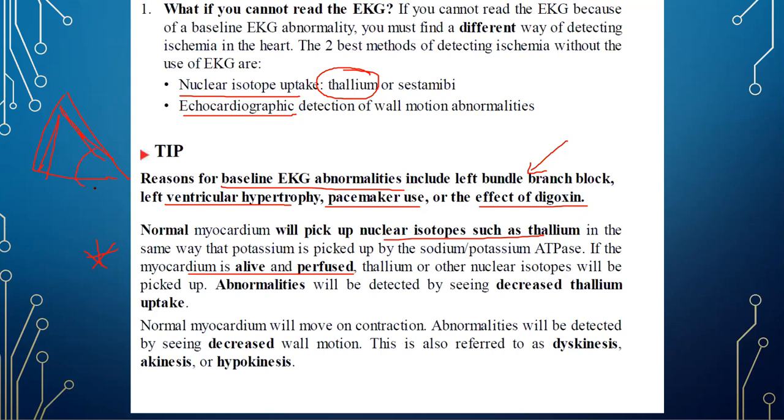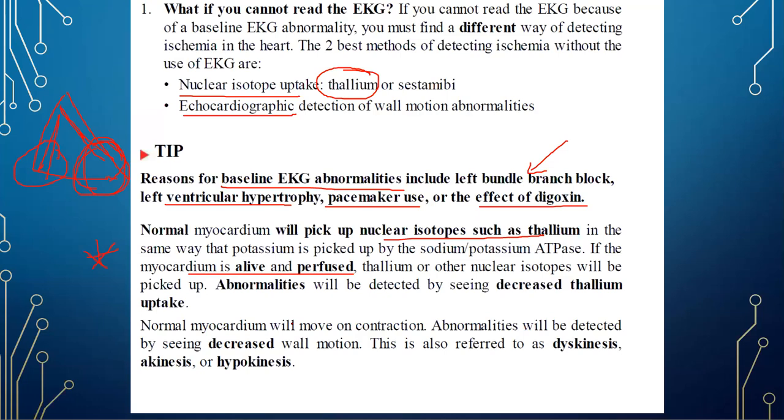So obviously this cardiac muscle will not take up the nuclear scan similar to this muscle. This muscle will take up more than this muscle. This is how you can say that, well, most likely there is some occlusion in this coronary artery. That's why this muscle is not taking up enough isotope. Okay, that's how you can find out.